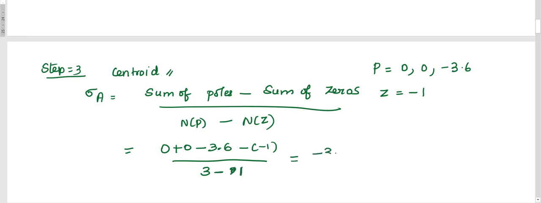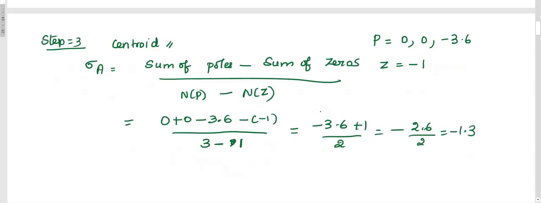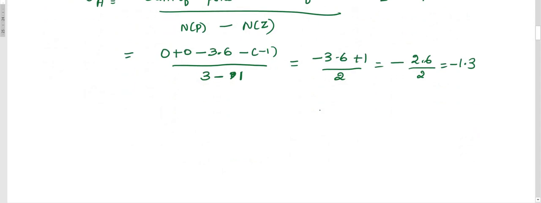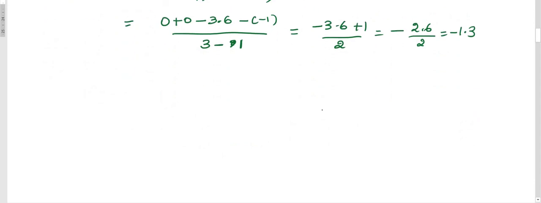So -3.6 + 1 divided by 2. So -2.6 divided by 2, that is -1.3. So this is the centroid. After getting the centroid, next I am going to find the angle of asymptote.